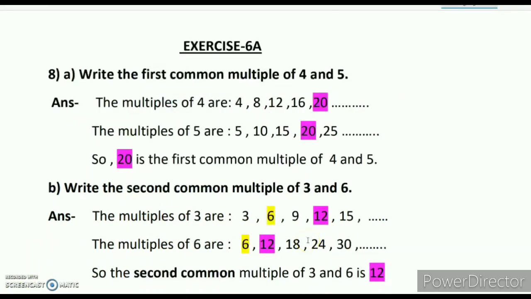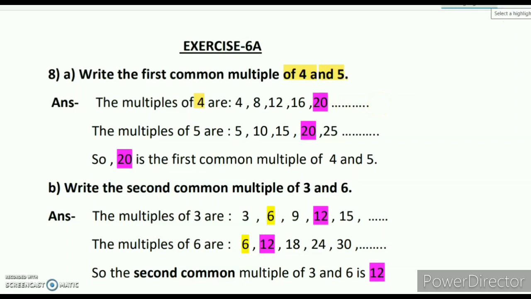Now children, let's see quickly exercise 6a, question number 8. In the question it is given, write the first common multiple of 4 and 5. First, we will write the multiples of 4. 4 1s are 4, 4 2s are 8, 4 3s are 12, 4 4s are 16, 4 5s are 20, and so on.